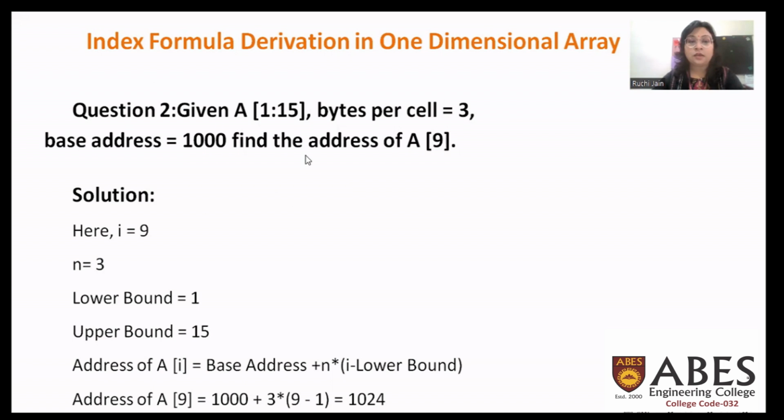While finding the address of A9, i is 9, n is 3, lower bound is 1, upper bound is 15. So the address of Ai equals base address plus n into (i minus lower bound), which gives the address of A9 equals 1000 plus 3 into (9 minus 1). By calculating this equation, we get the answer 1024, which is the address of A9.